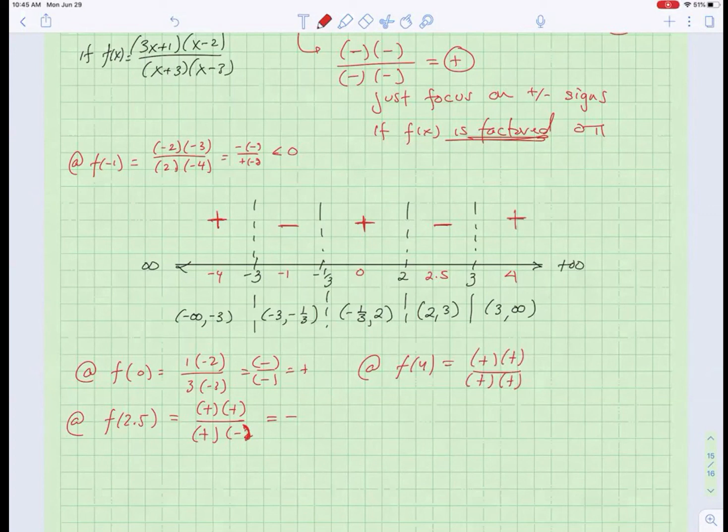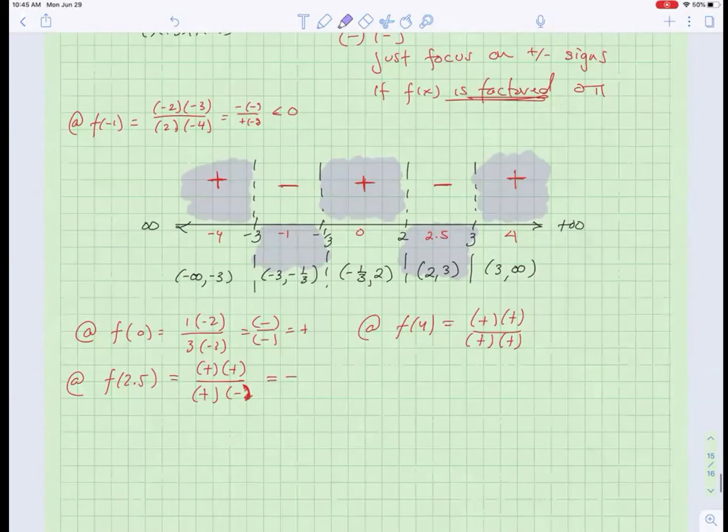So if we shade this in appropriately, the graph occurs in this region, and then it's below the axis, and then it's above the axis, and then it's below the axis, and then it's above the axis again. And that's our plus minus sign chart for this function.